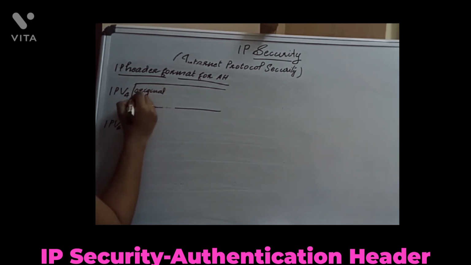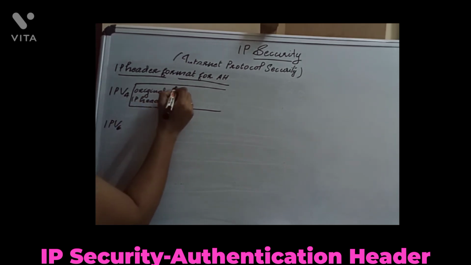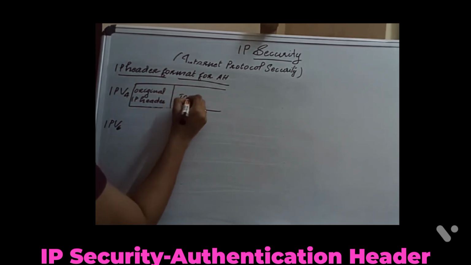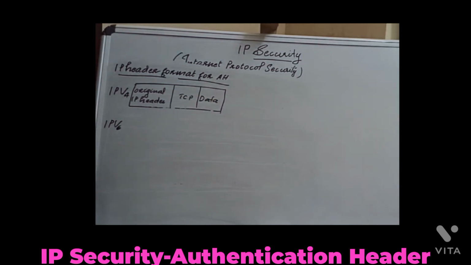first field is original IP header, TCP, data. This is the packet format of IP version 4.